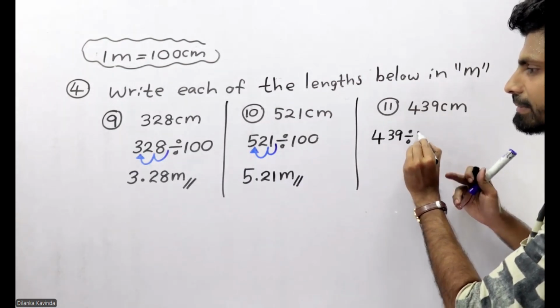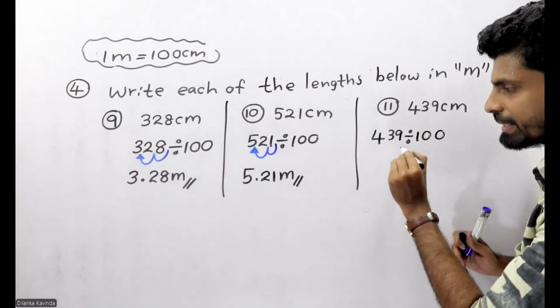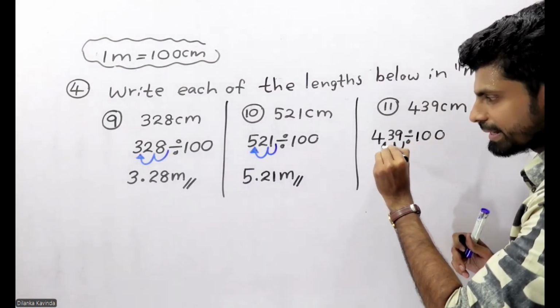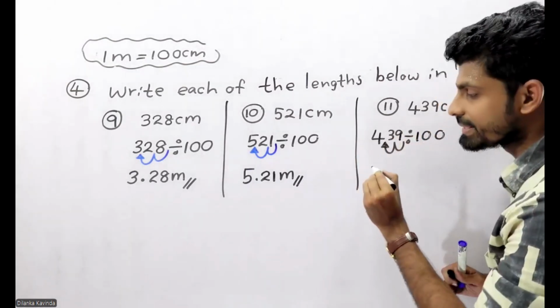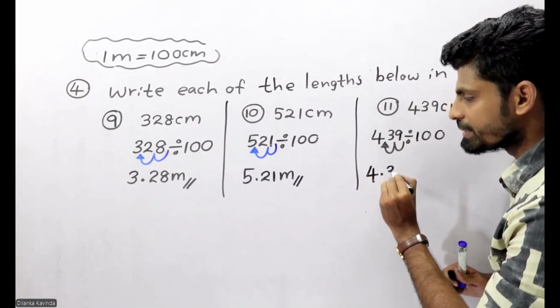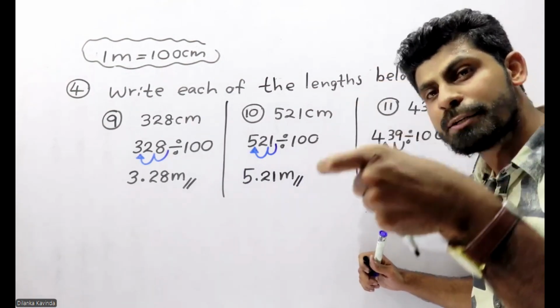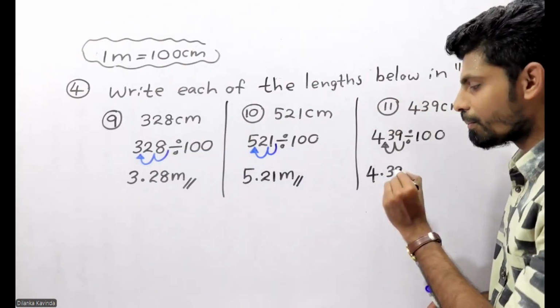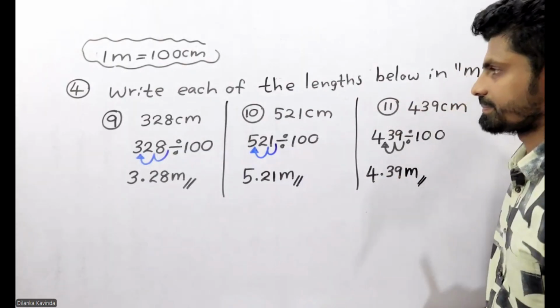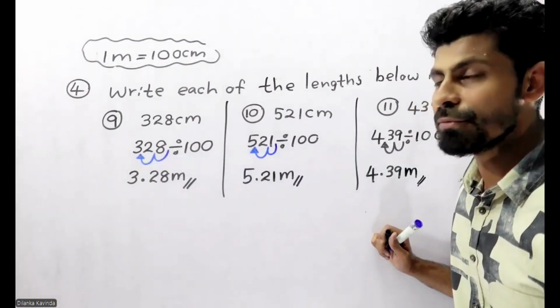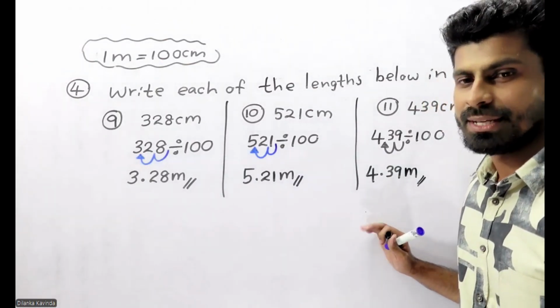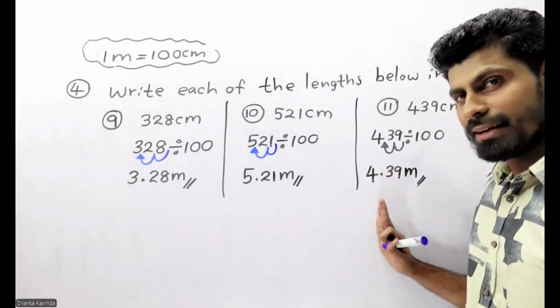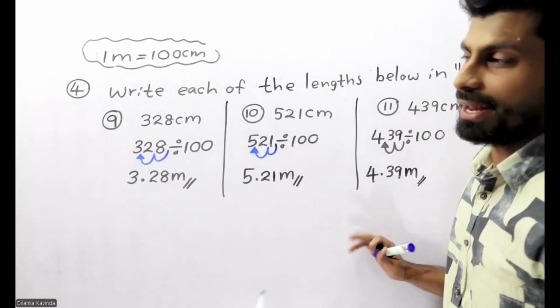439 divided by 100 means moving 2 decimal places to the left. 4.39. Why are we moving 2 decimal places? Because 2 zeros are there. 4.39 meters. Okay? Sure? Right.